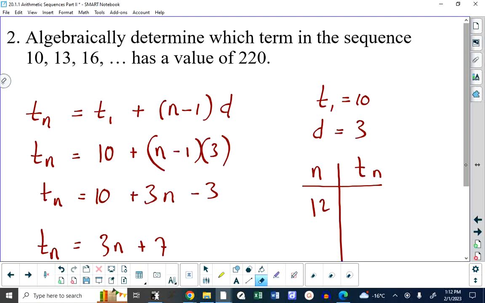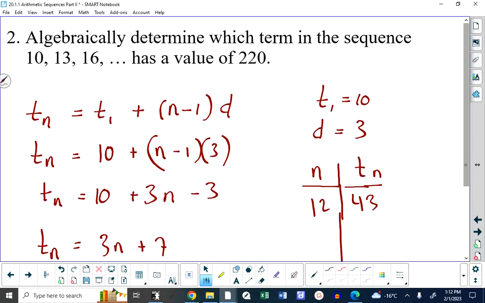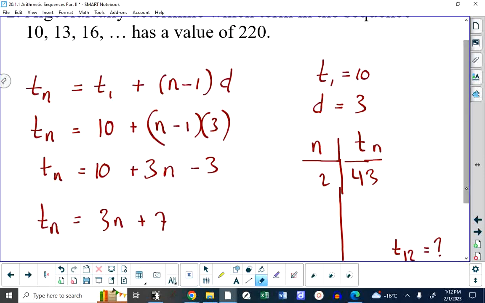So you could fumble around in the dark and go, maybe the answer is 12. Oh, that's not 220. So you could try a different number. You could do that. But I'm trying to impress on you this idea here in this question.